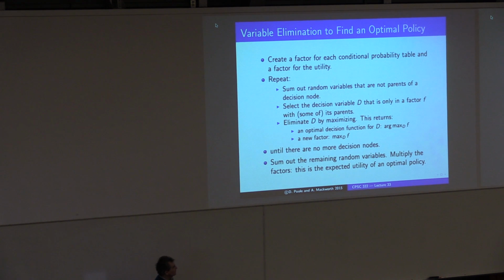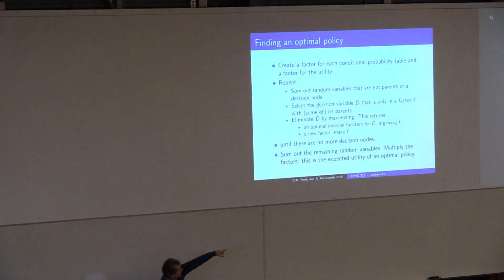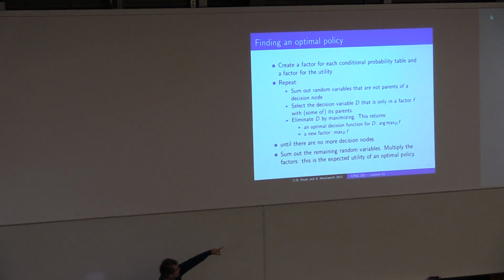And then we did variable elimination for creating an optimal policy. So this is where we ended up last time. The algorithm is that we create a factor for each conditional probability table and a factor for the utility. We sum out the random variables that are not parents of a decision node.